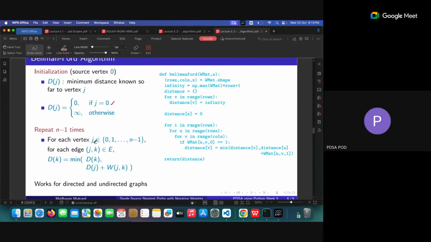So for each vertex from 0 to n-1, for each edge from j to k, we are selecting the minimum, and here the distance is updated.